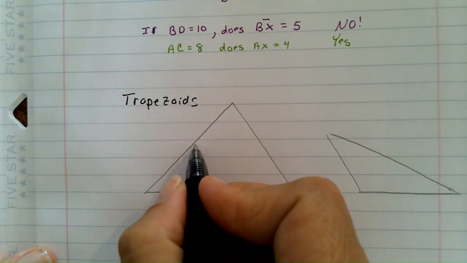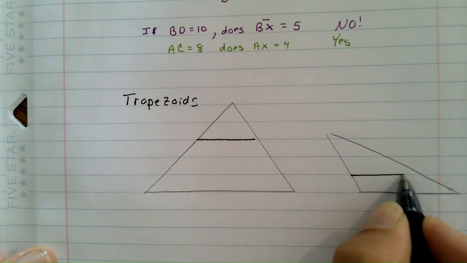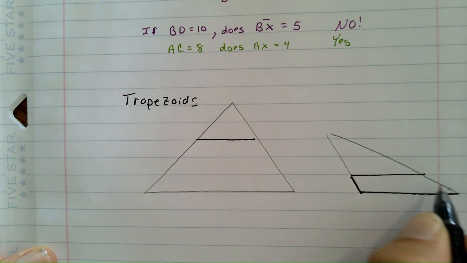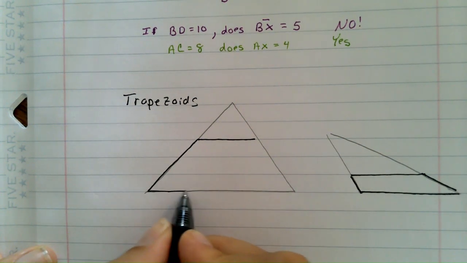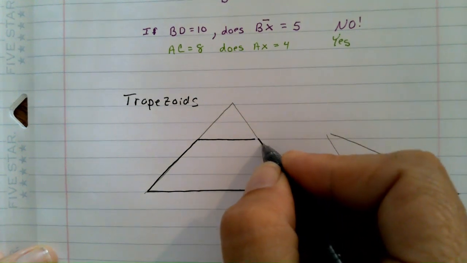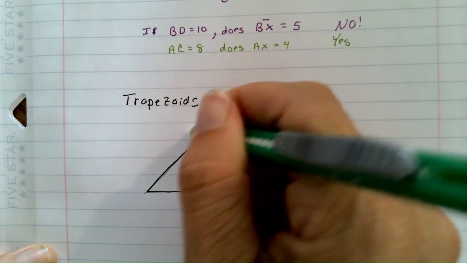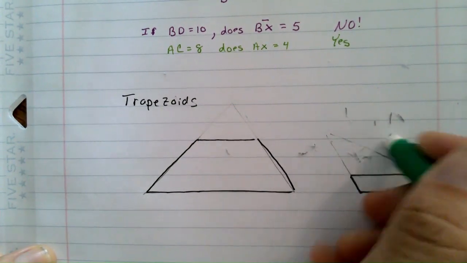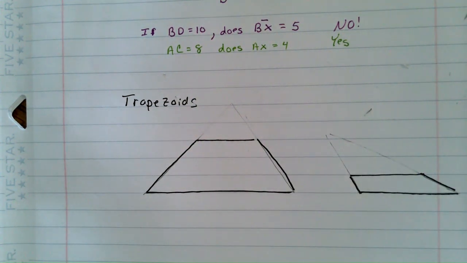So what if we were to just cut off the top somewhere parallel to the bottom and keep what's left on the bottom? Now we have a trapezoid. So again, we're just chopping off that top, parallel to the bottom. And that's a big keyword, parallel to the bottom. Okay, that's a trapezoid.